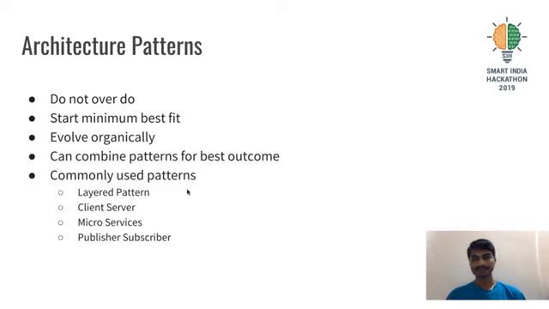And let me go into one of the modern patterns which we use nowadays, that is microservices. Microservices is one of the most used patterns. What it does is separate your concerns into smaller parts as much as possible and handle them separately.